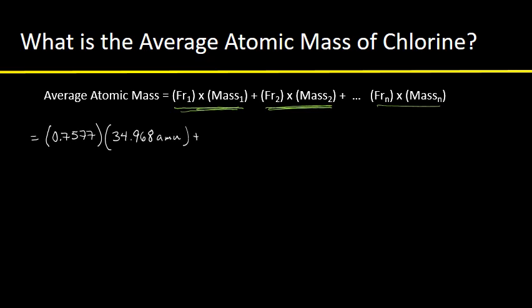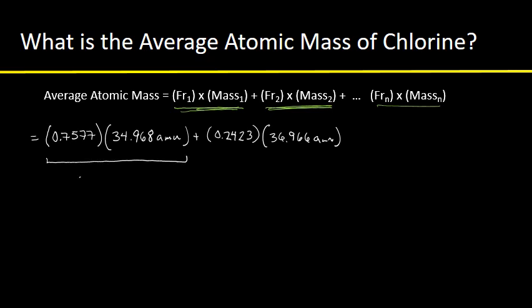And then we'll do the same thing for the second isotope, which is the chlorine 37, which had an abundance of 24.23%. We'll convert that to a decimal, 0.2423. And the mass of that isotope was 36.966 AMU.